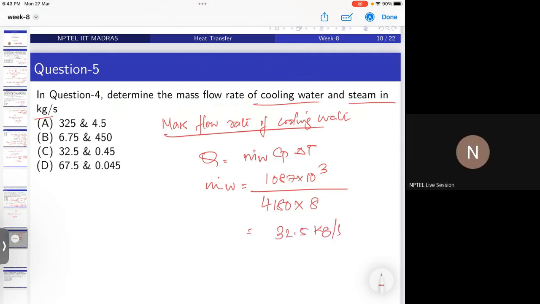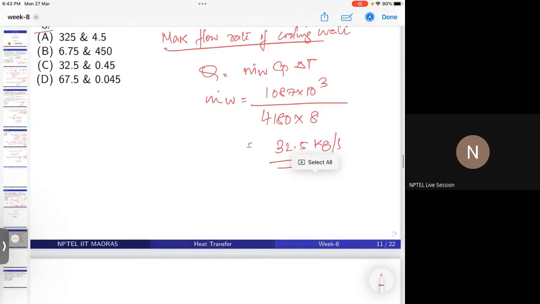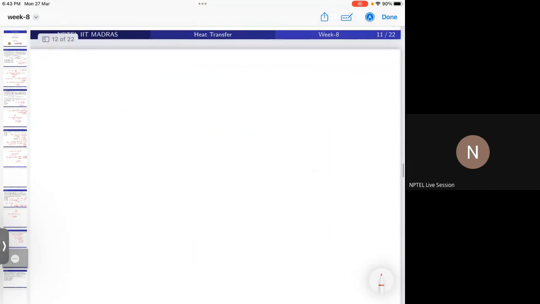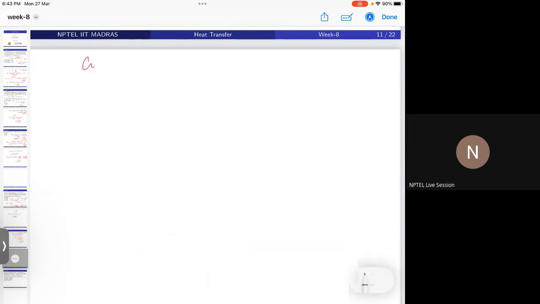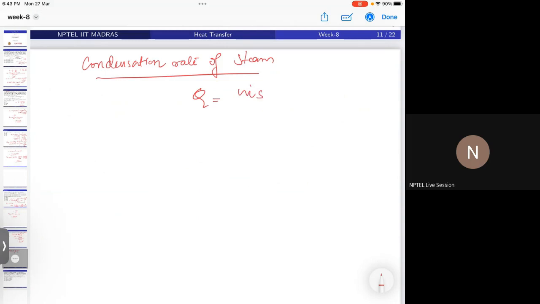Fantastic. Next is the mass flow rate of steam, or the condensation rate of steam. As there are no heat losses, this Q is equal to m dot s hfg. So m dot s is equal to Q divided by hfg.